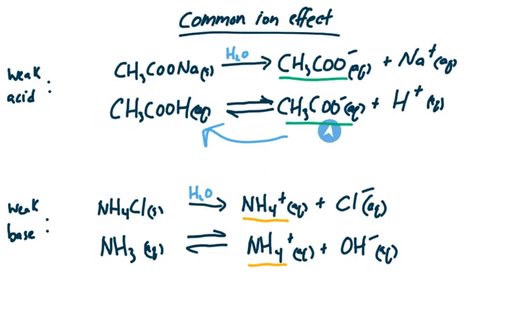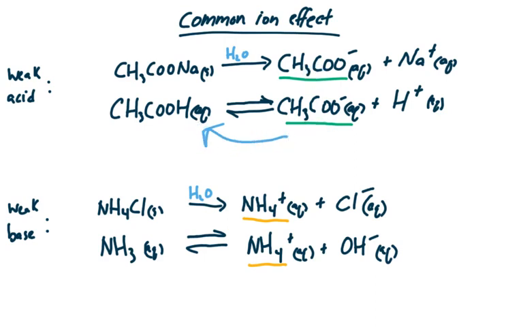Because these two are common ions, this is the common ion effect. The common ion effect is the shift in equilibrium from right to left caused by the addition of a compound, this second solute, that has an ion in common with the dissolved substance.